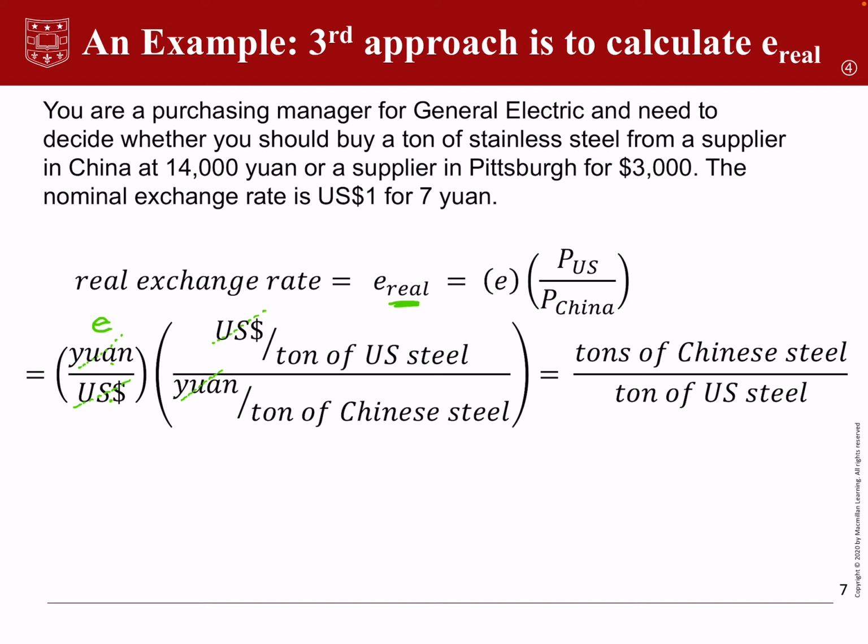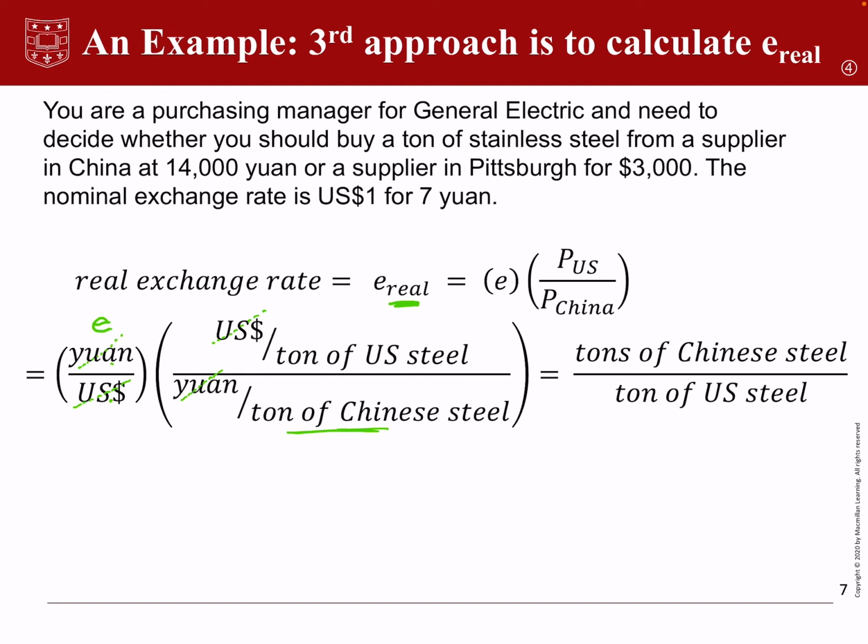And then we can flip this, and what we're left with is tons of Chinese steel per ton of US steel. So this is what I mean when we're saying that the real exchange rate is telling us the rate at which we can trade one country's goods for another country's goods.